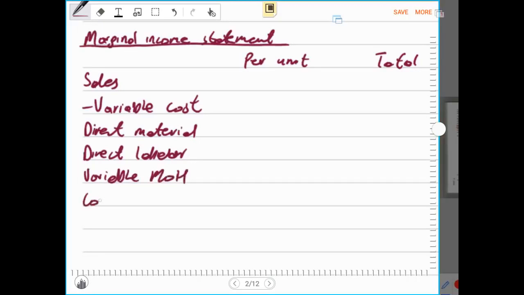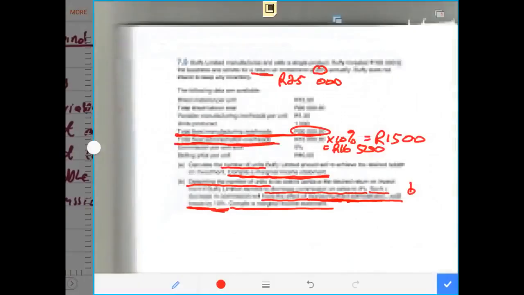Then we also know that commission is a variable cost, and these are the variable costs that we had. Now we need to take into account the fact that there was a change or a decrease in one of the variable costs. And that variable cost, where there was a change, was the commission.